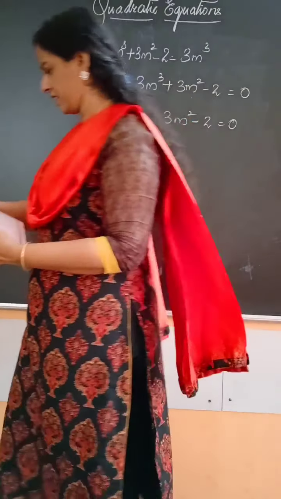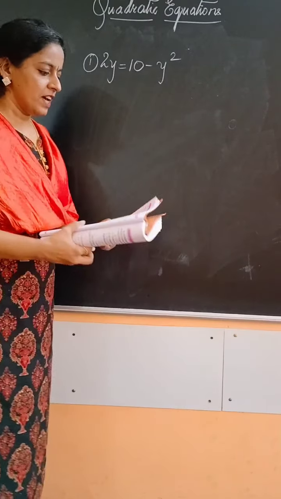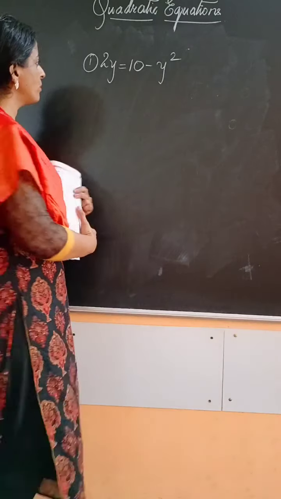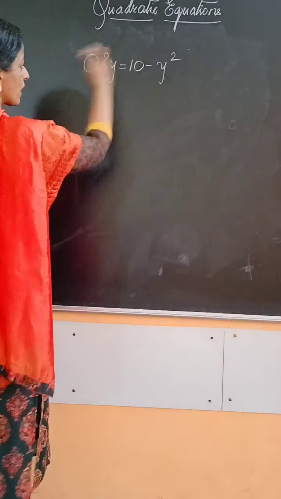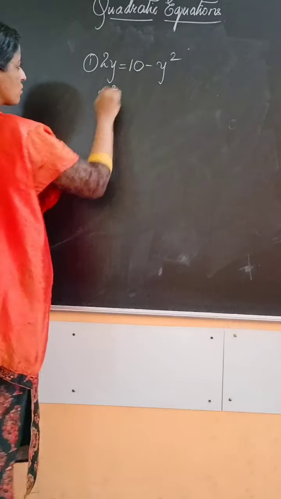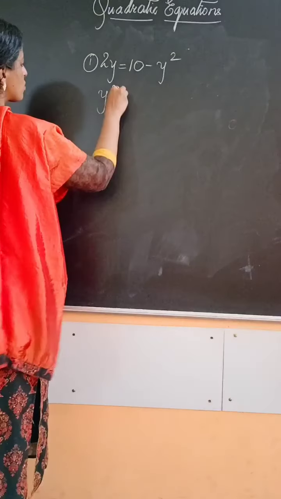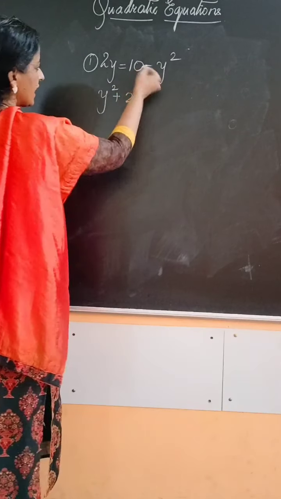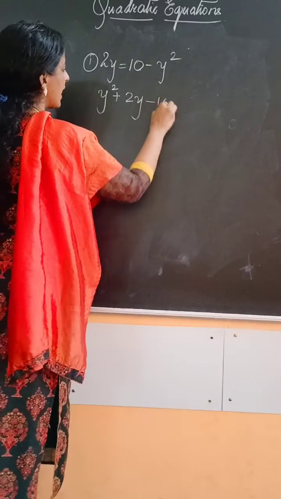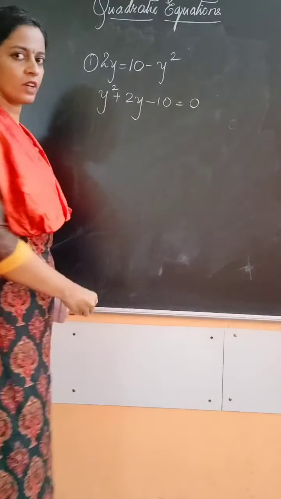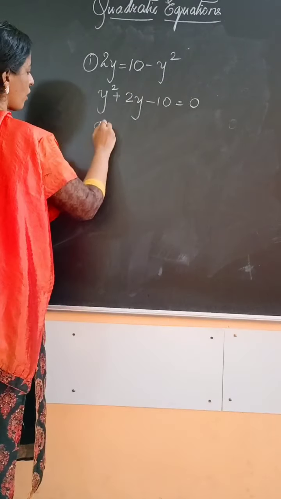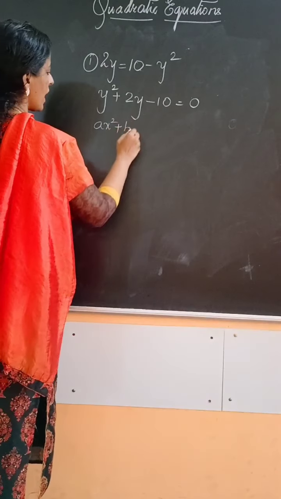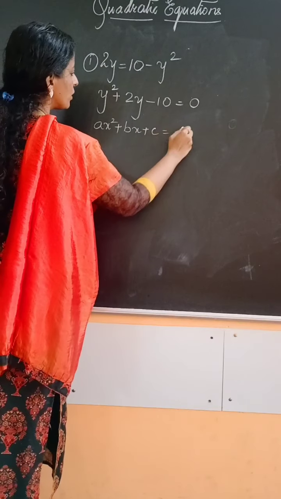Yes, let's start. This is the first question. Let us write it in general form. So first this minus y square comes here, it will become plus y square, then plus 2y, and 10 comes to this side as minus 10 equal to 0. Now compare it with the general form ax square plus bx plus c equal to 0.